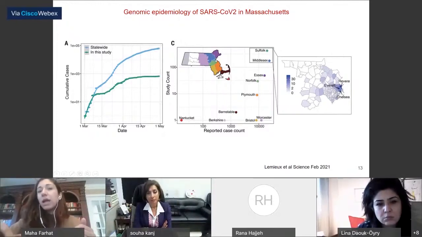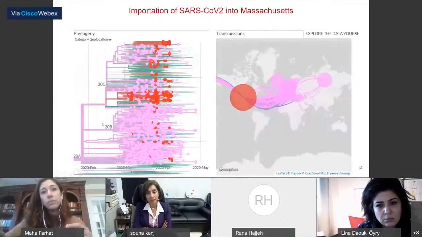Boston is in the middle, obviously a large urban center, where the population density is highest. And we had some particularly hard-hit neighborhoods in our city that are very well represented in our sequences here.